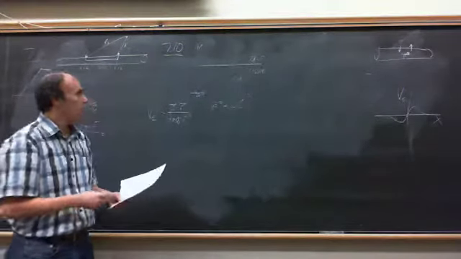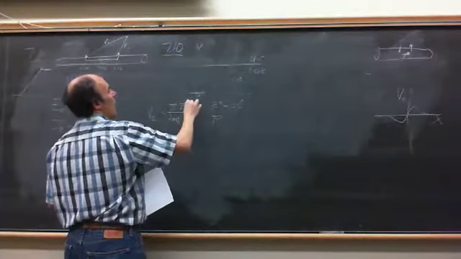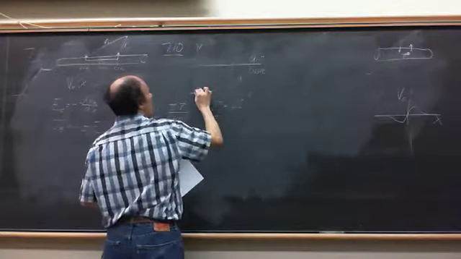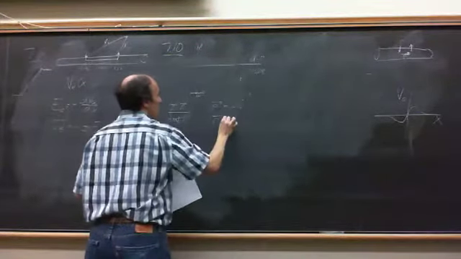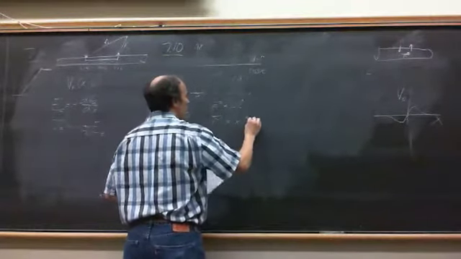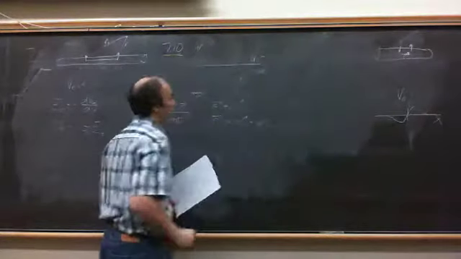And you need to know what R is. You're measuring on this surface, so R is going to be X times i hat plus D times j hat.